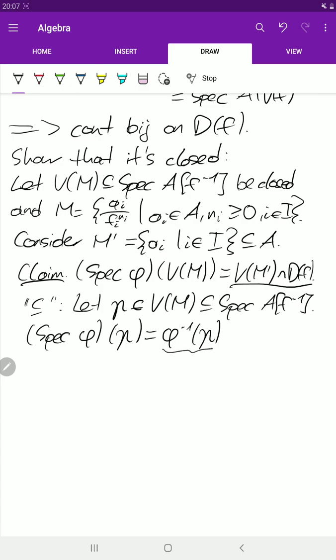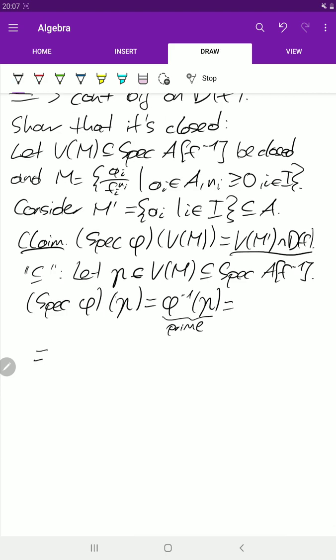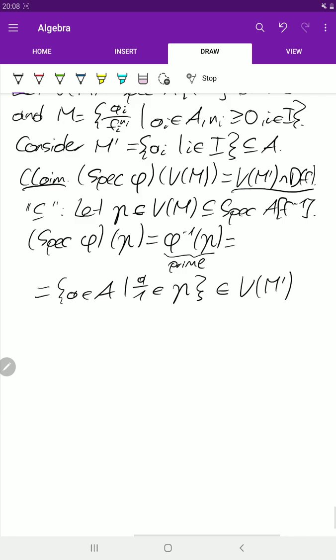So this is again a prime ideal. That's just the set of a in A such that a over 1 is in P. And I claim that this is an element of the vanishing of M prime. So that's a claim at first. Let me show you why it's true.